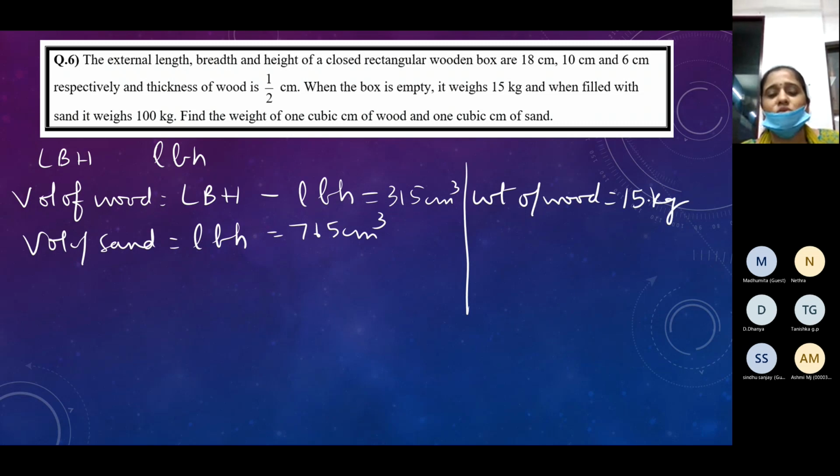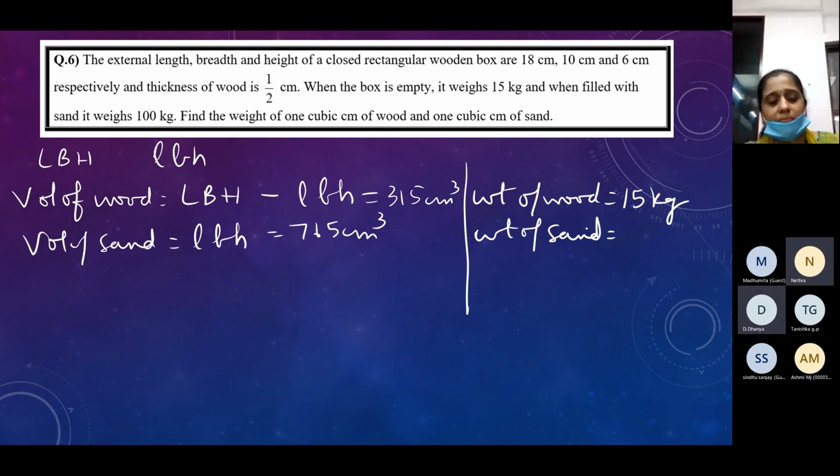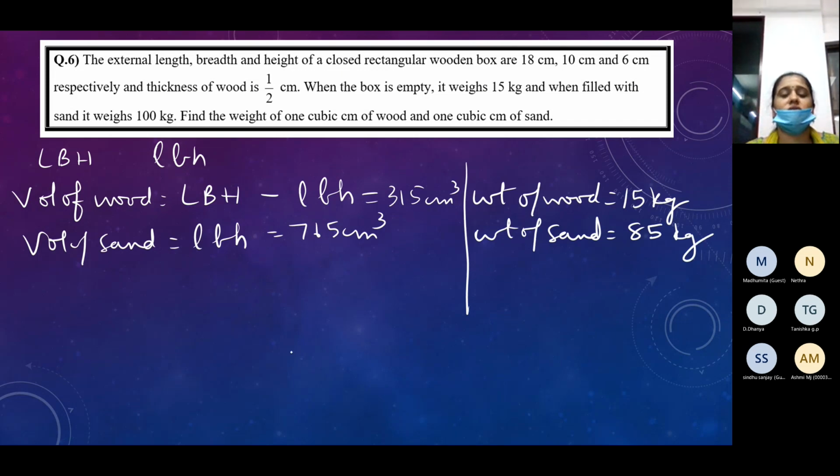Weight of wood is 15 kgs. What's the weight of the sand? Weight of the box with sand minus weight of the empty box. 100 minus 15, 85 kgs. Weight of the sand alone is 85 kgs.